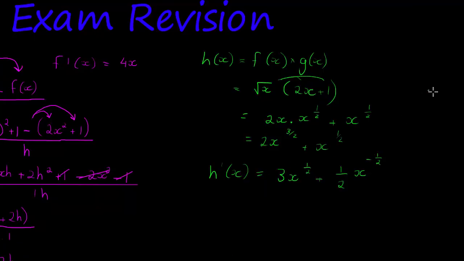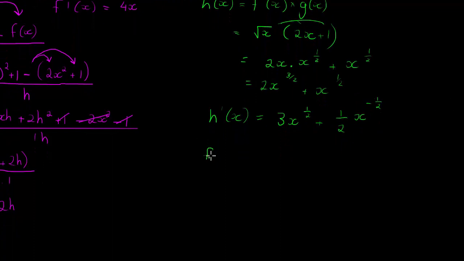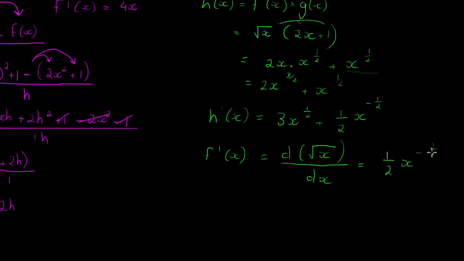For the right hand side, I need the derivative of f(x), and since f(x) is just the square root of x, I need the derivative of that. Okay, so a different way of writing the derivative, and the derivative of square root x is a half x to the power of negative a half. Okay, and then the derivative of g. g was just 2x plus 1, so its derivative is just 2.